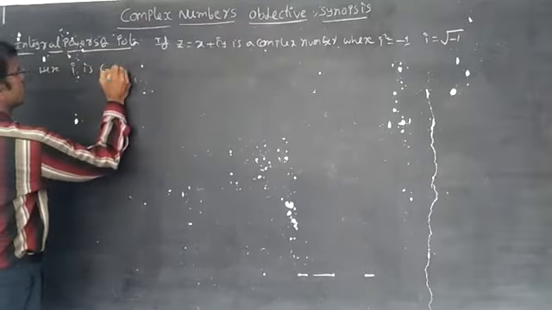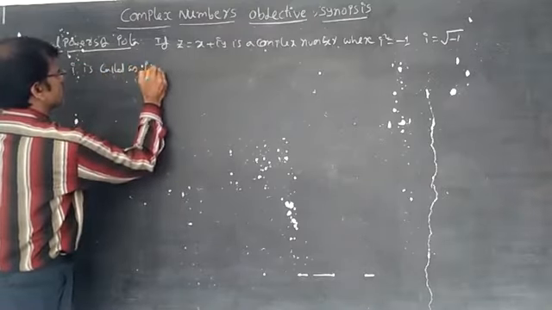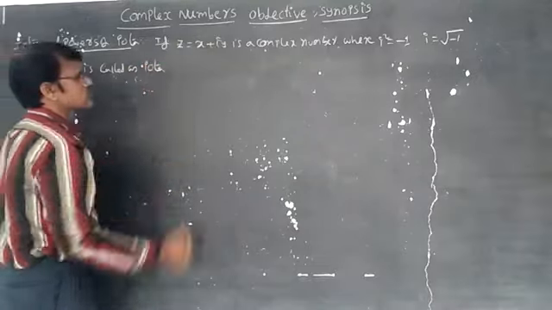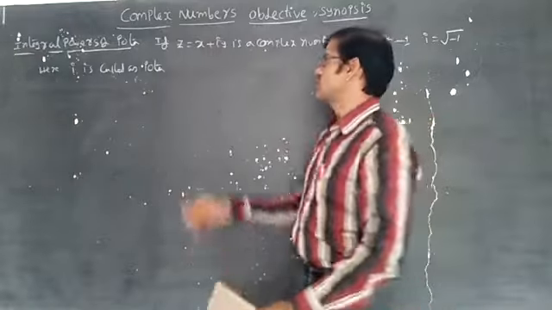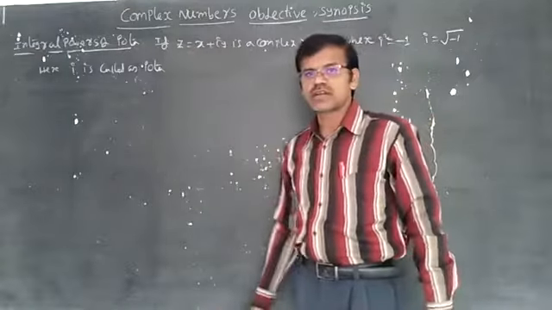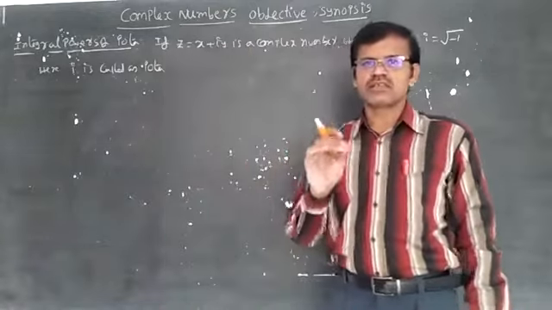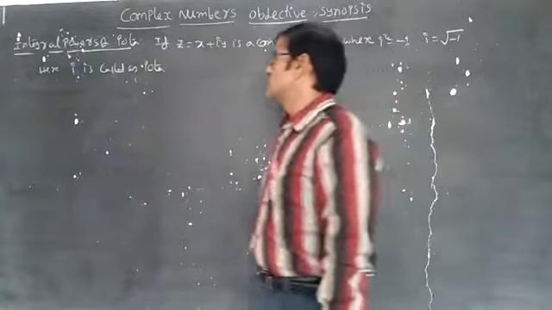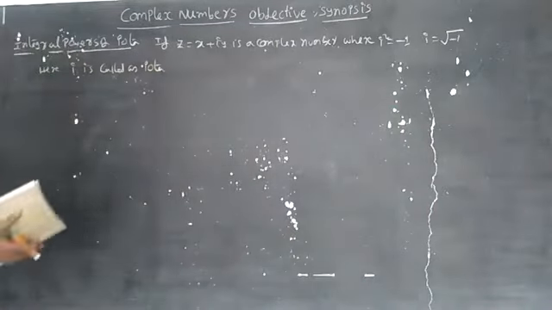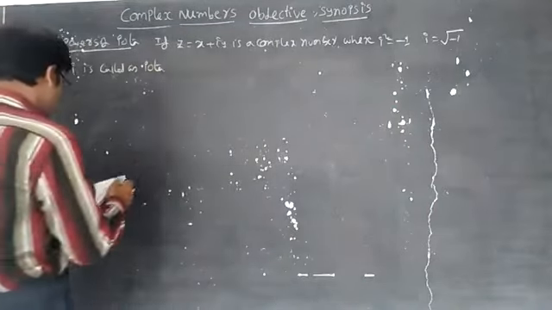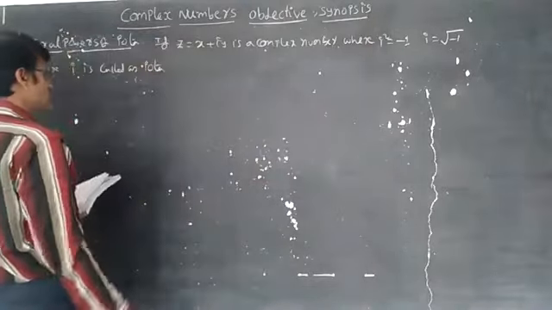It is a Latin word. The iota means here we are indicating imaginary. In x plus iy, a complex number, x is the real part and y is the imaginary part. The special letter of the imaginary is iota here. So the iota value i is equal to root of -1, and i square is equal to -1.